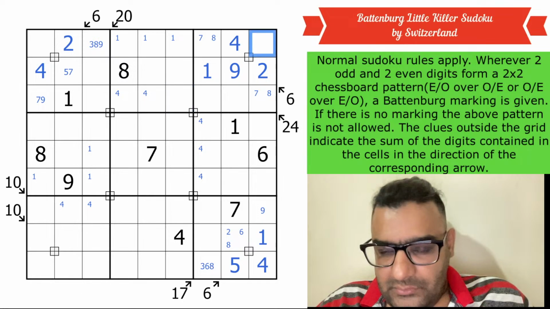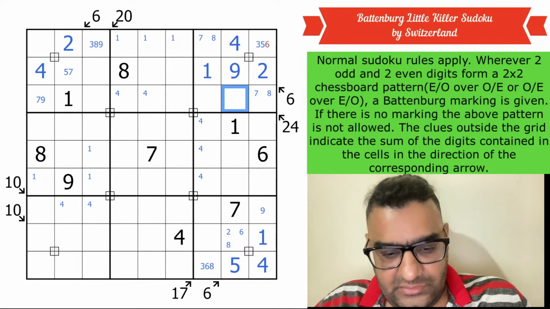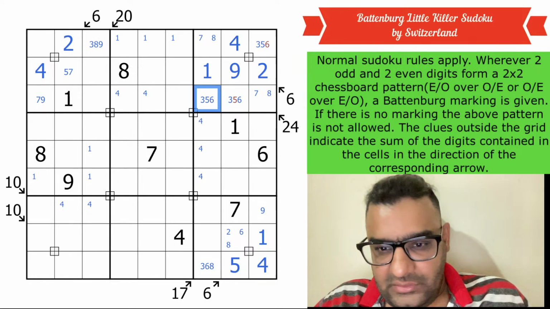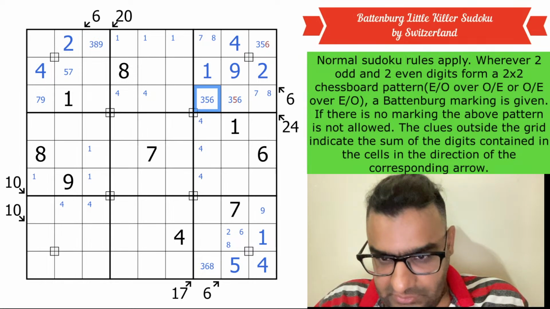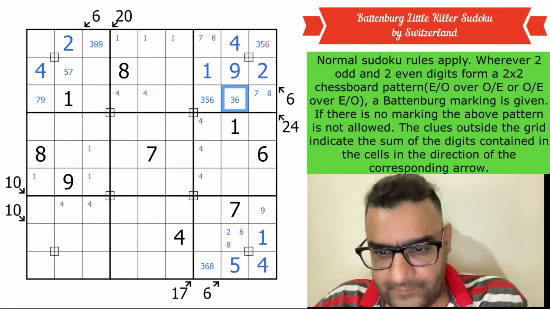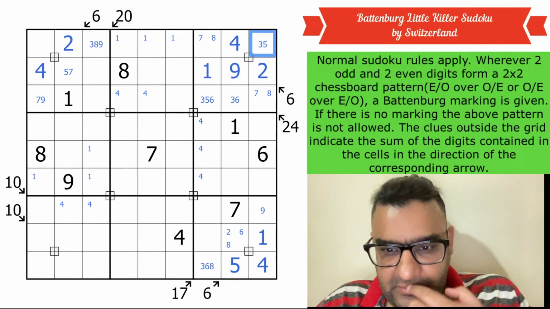So this number is going to be 3, 5, 6. Out of these three numbers, it is going to be 3, 5, and 6. So we already know 5 is here, 5 cannot be there. 6 is here, 6 cannot be here.